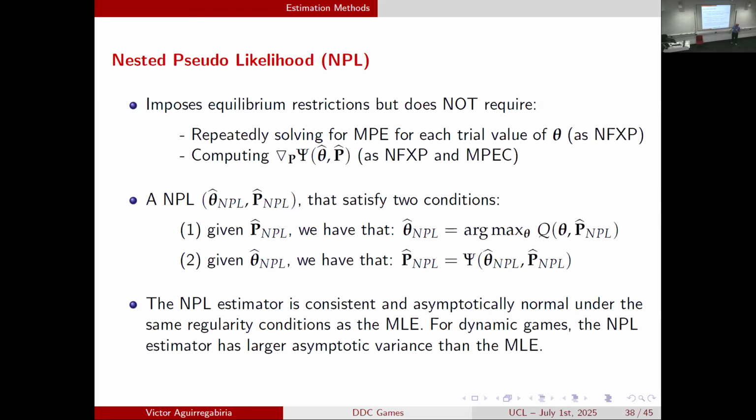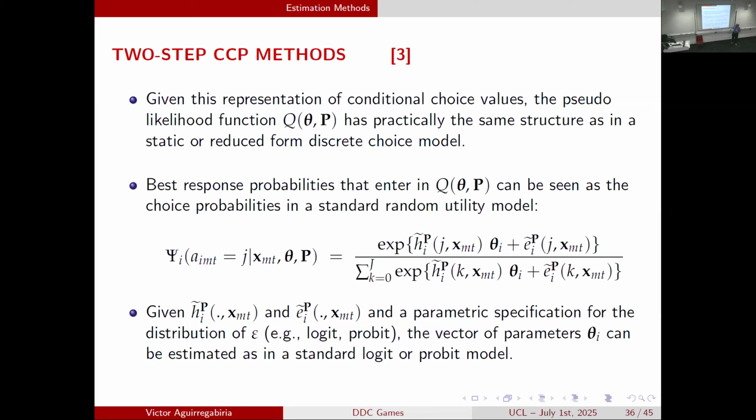Given P, we construct these present values here, and the theta that is our estimator maximizes this likelihood function of a static logit model. That's the first condition. The two-stage estimator satisfies that condition, because we have a vector of choice probabilities, and given that vector P, we have a theta that maximizes this likelihood.